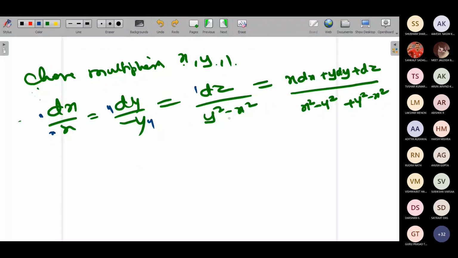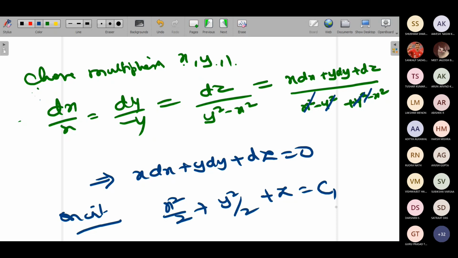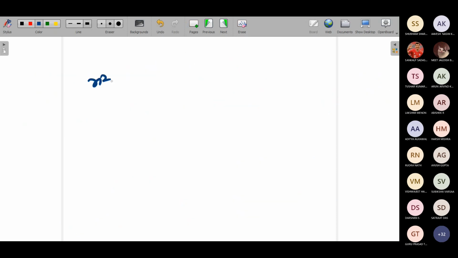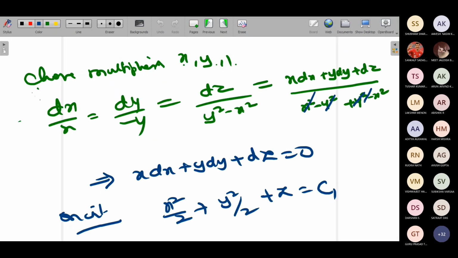Now, what is my denominator? x square minus x square, y square minus y square. So the denominator is equal to 0. This implies x dx plus y dy plus dz is equal to 0. On integration, you get x square by 2 plus y square by 2 plus z equals some c1. So you can take it as x square plus y square plus 2z equals some c1. You can write it as c and c1, or directly; 2c1 also, there is no harm.